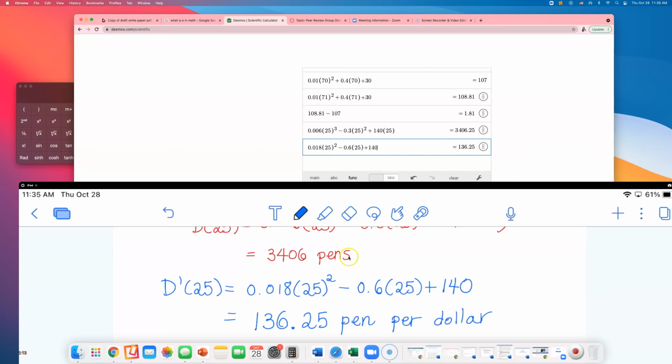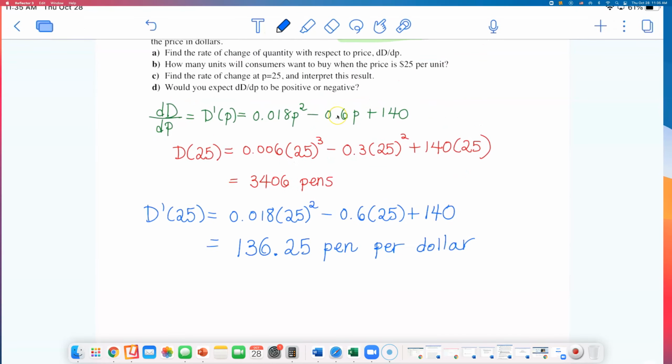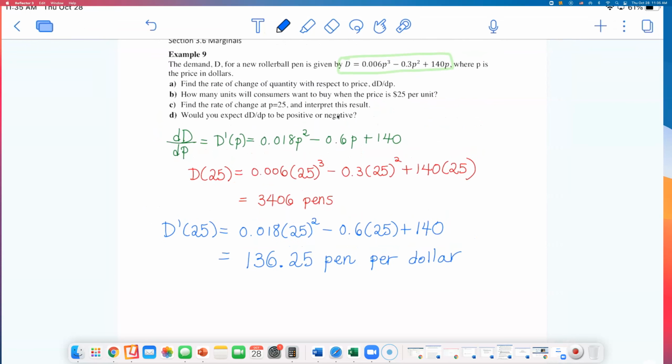Now, what does that mean? We better talk about this. The interpretation is that when a pen gets $1 more expensive, the demand will actually go up by, since this is talking about a number of pens, I'll write this as a whole number. Per additional dollar we charge on this pen, like if the price goes from $25 to $26, the demand will actually increase. That's crazy, because I'm thinking if a pen is more expensive, people will be less likely to buy it.